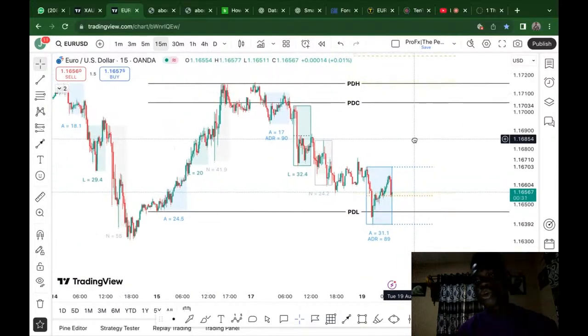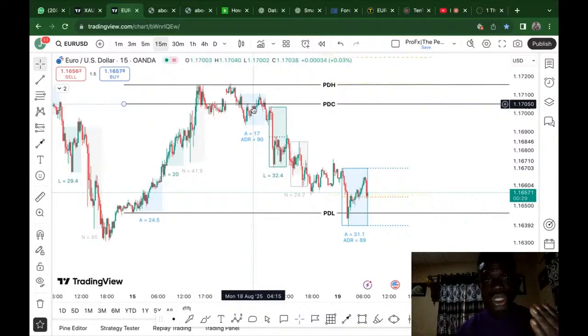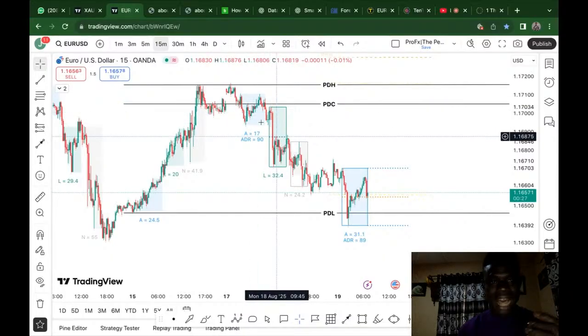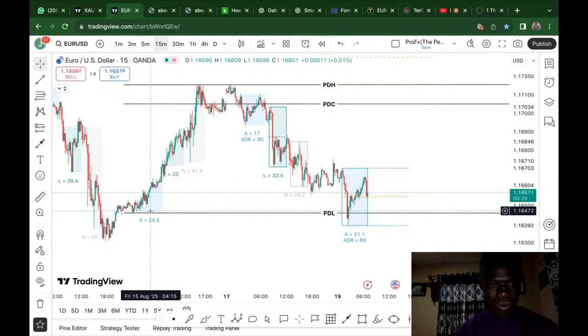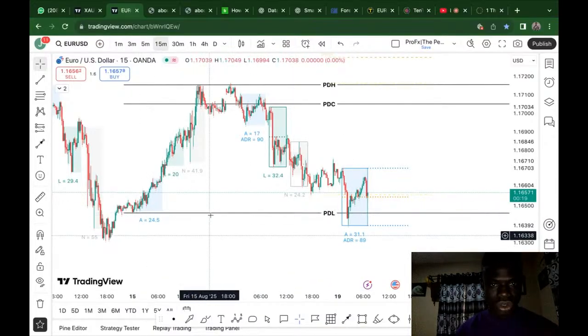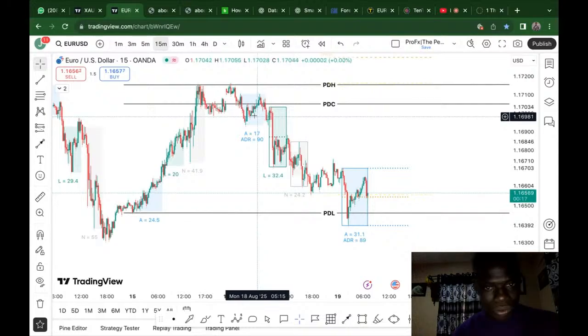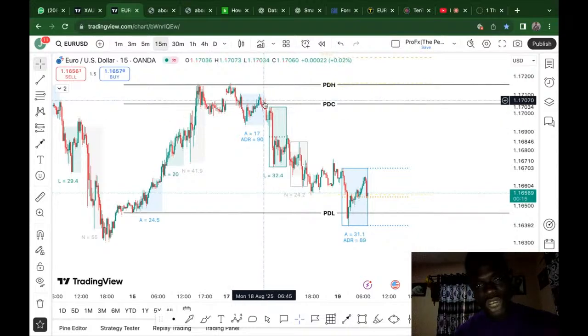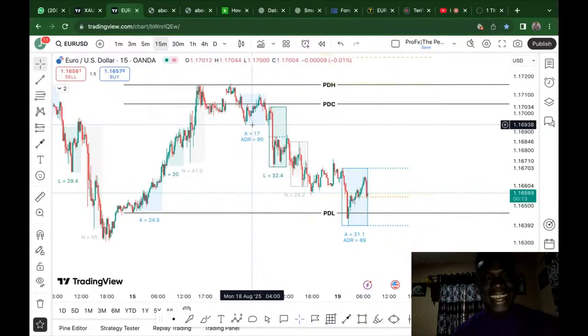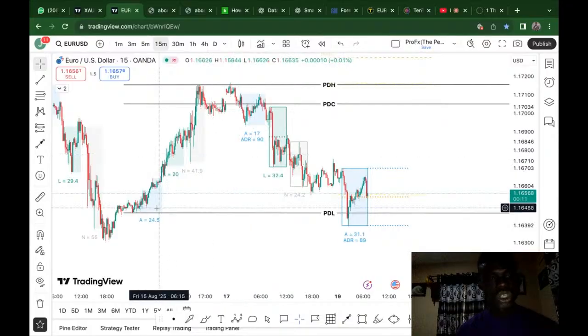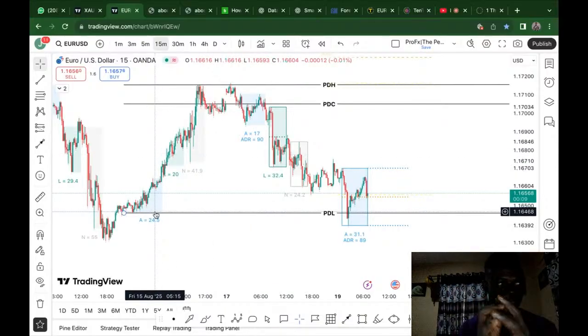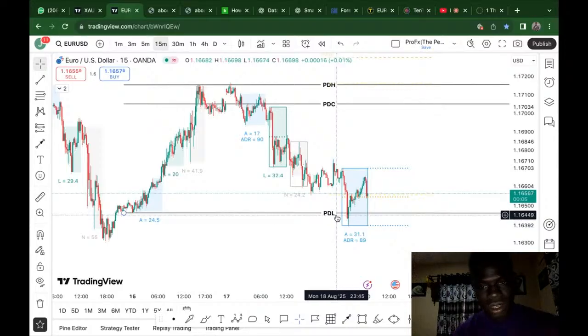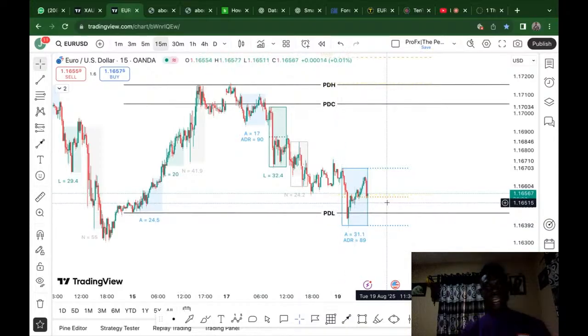So I know so well that if I'm selling from this Asian range into London, I'm targeting the next Asian low, which conflicts with my previous day low. Can you see Asian low here? That's the target. So if price has taken out Asian low, my next take profit is the next Asian low, and it's confirmed and confluenced with previous day low for profit making. You see that now? That gives you the edge.